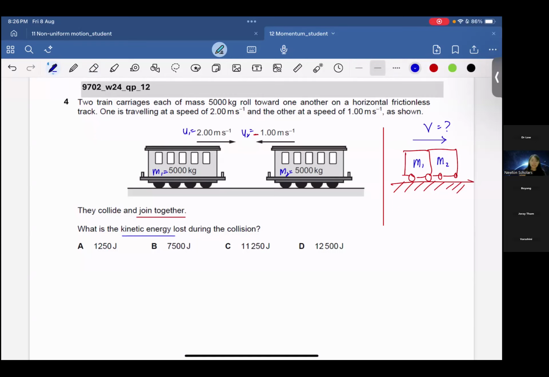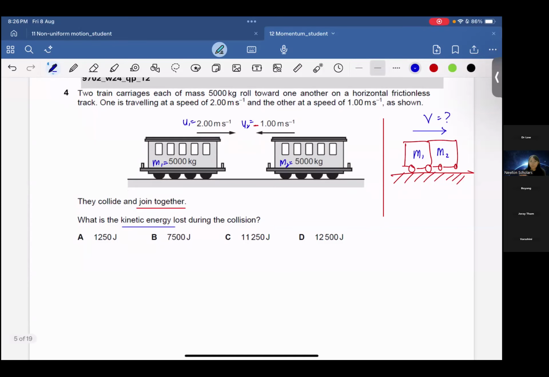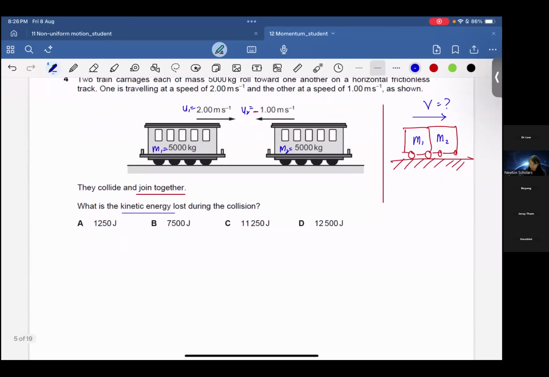How much kinetic energy is lost? That means we have to find the kinetic energy before and after, then subtract to know how much kinetic energy is lost. So boys and girls, can you calculate V first? After collision, what is their common velocity? Do it.